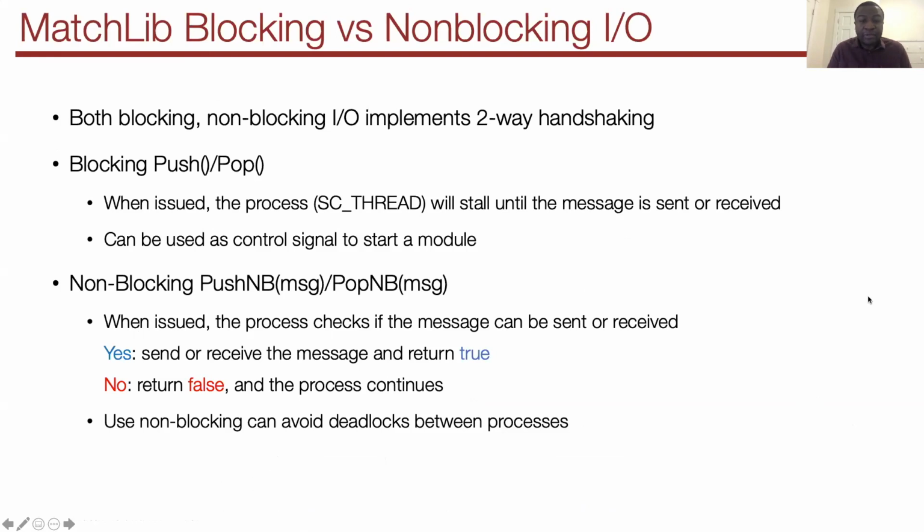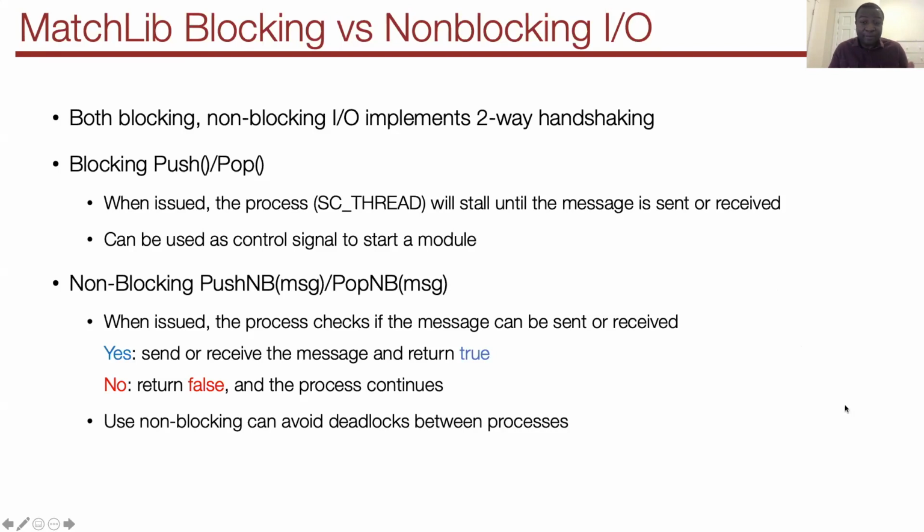Now let's quickly differentiate between the non-blocking and the blocking channel. By the way, both blocking and non-blocking channels for MatchLib implement this two-way handshaking mechanism. When using a blocking push and pop, the SC thread will stall until the message is sent or received. So you may wonder why we would ever want to stall a process.